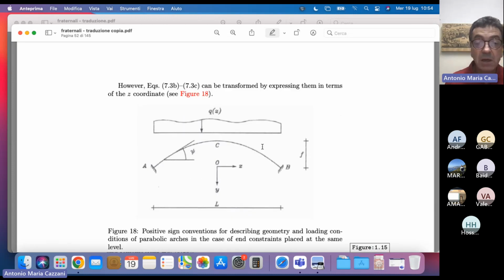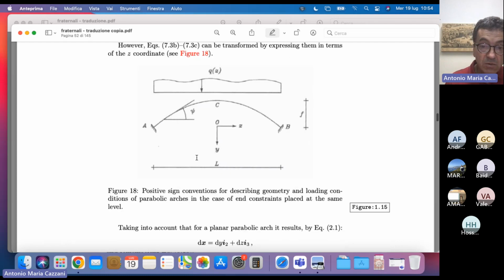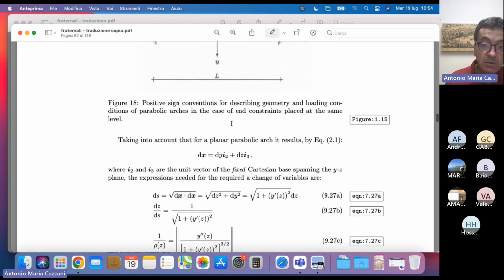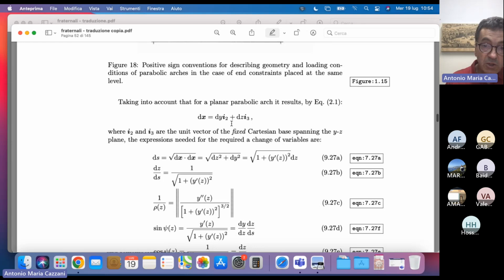Instead of using the arc length, we can use the projection of the arc length along the horizontal and vertical direction.